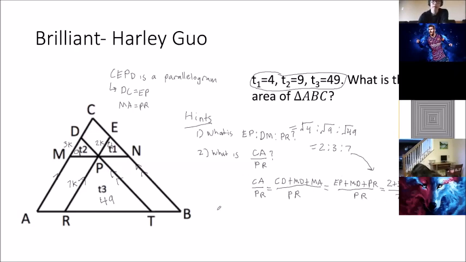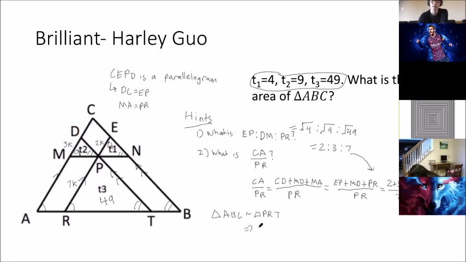So now, finally, we can find the area of triangle ABC. We know triangle ABC is similar to triangle PRT, because as lines are parallel, we have all these equal angles, which is why all these triangles are similar to each other.